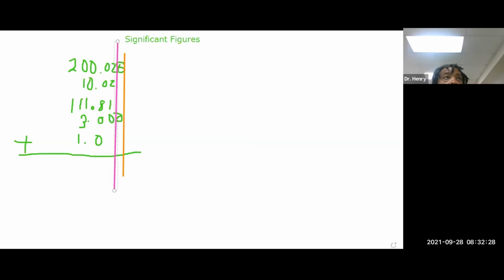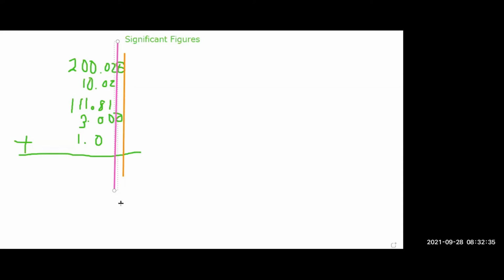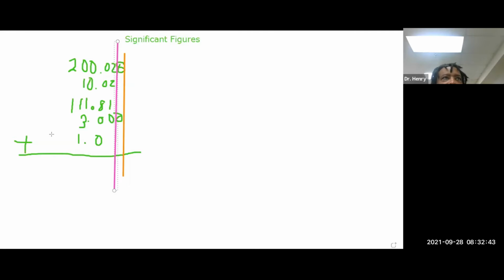And what about the fourth number? I would think after the 3, but I remember you saying if we write the decimal and write the zeros, then they're important. That's right. That is correct. So it would be after the 0. So again, it would be that orange line.